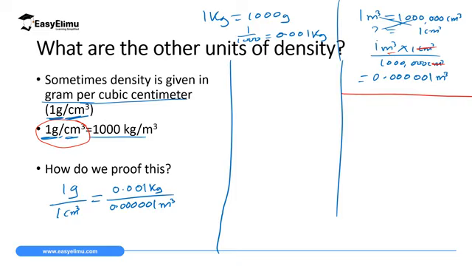And now let's solve this one. For us to remove this decimal from down here, there are 1, 2, 3, 4, 5, 6 places. We multiply by 1, 2, 3, 4, 5, 6, and then on top we also multiply by the same. So in this case, our answer will be 0.001 kg times 1000 times 1, 2, 3, 4, 5, 6, over 1 cubic meter, because these decimals have cancelled.